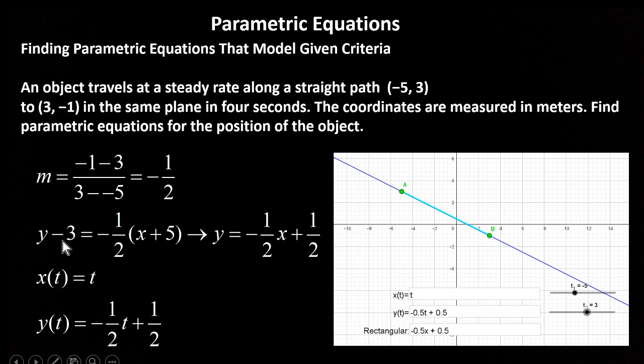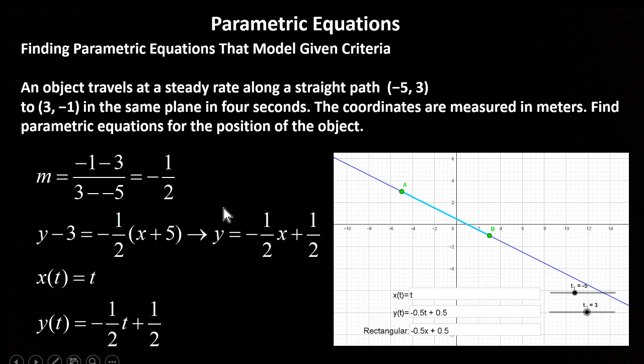I'm going to use one of these points as my x1, y1: y minus y1 equals m times x minus x1. So this is the rectangular path.